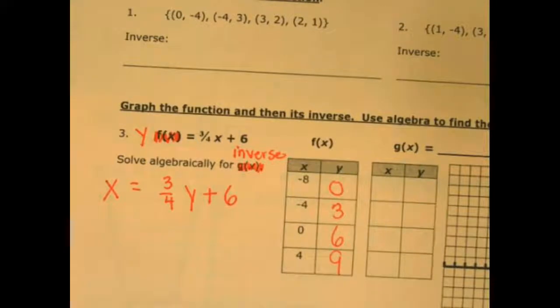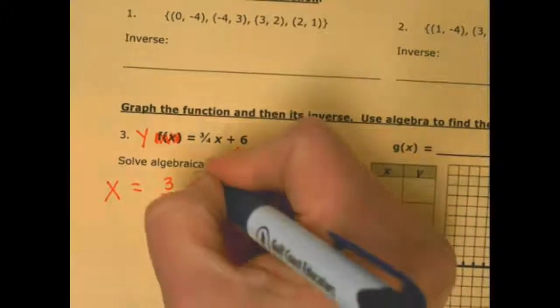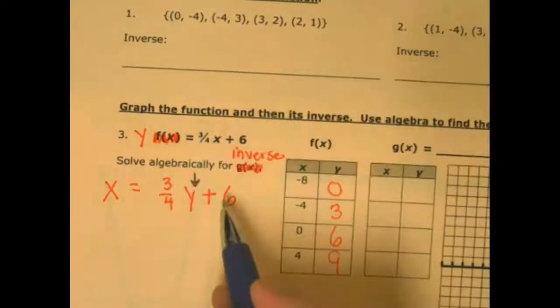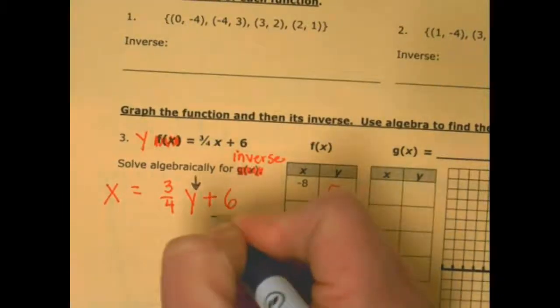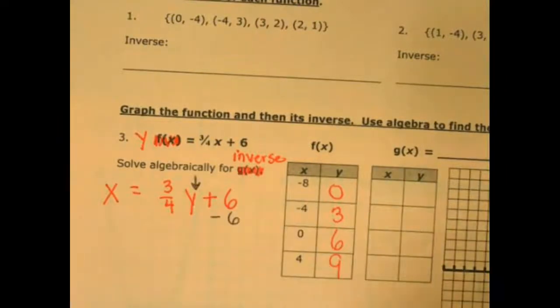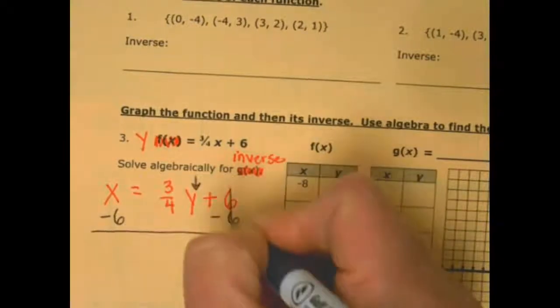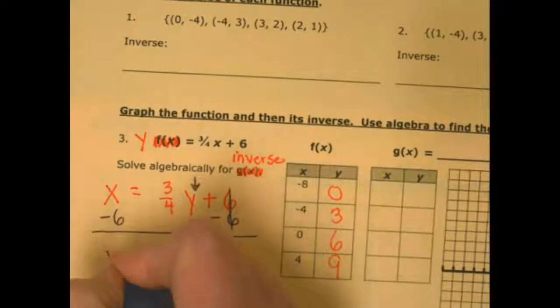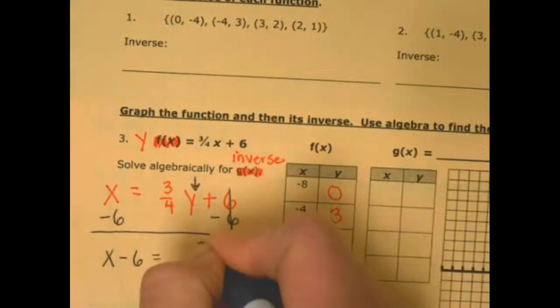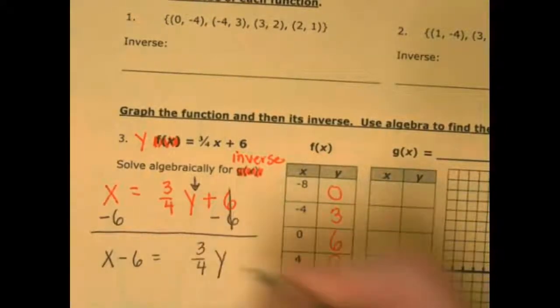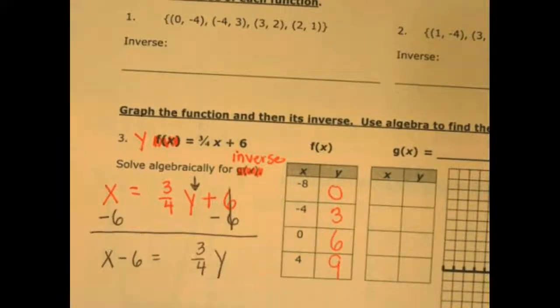That's the hard part. To solve for the y, solving for this y right here, what am I going to do with this 6? The opposite of add 6 is subtract 6. If I subtract 6 on the right-hand side of the equation, what do I do on the left-hand side of the equation? So that will cancel. I am solving for y.